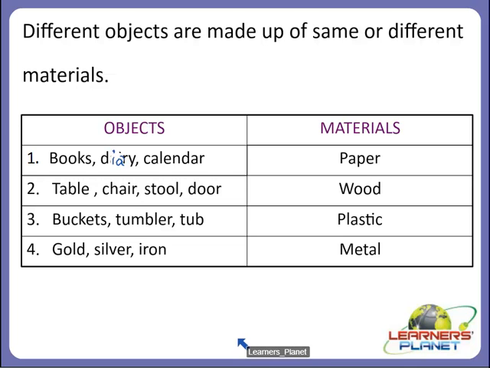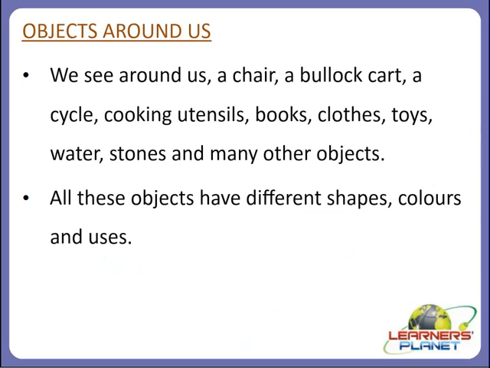So you can also go around in a street or a park or any mall, and you can notice that there are many objects which are made up of the same or different materials. That was all about the introduction of objects.